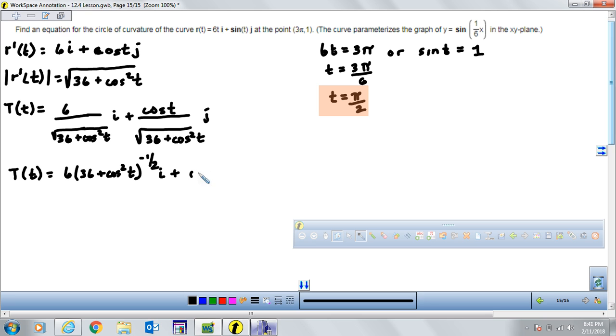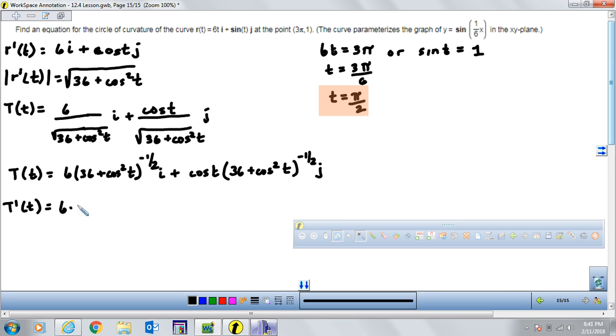Plus, I'm going to move that one also to the top as a negative 1/2: 36 plus cosine squared of t raised to the negative 1/2. That's my j component. So let's find the derivative of this unit tangent vector. This is just a constant, so we just need to use the power rule and also the chain rule to get the derivative of this guy.